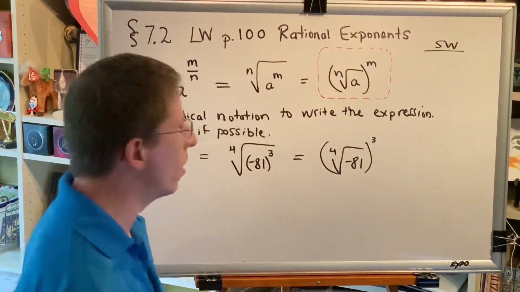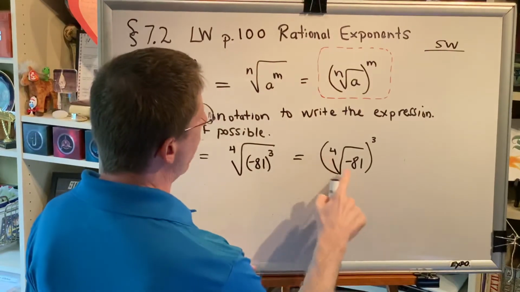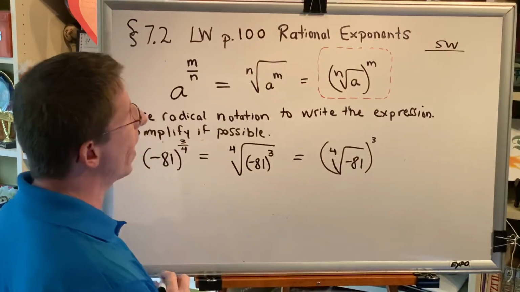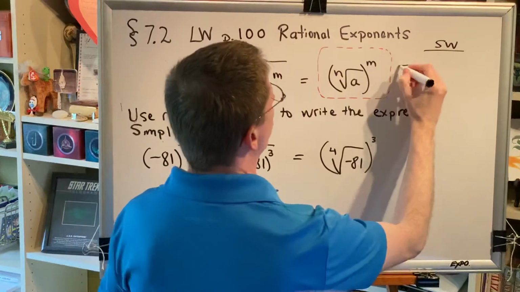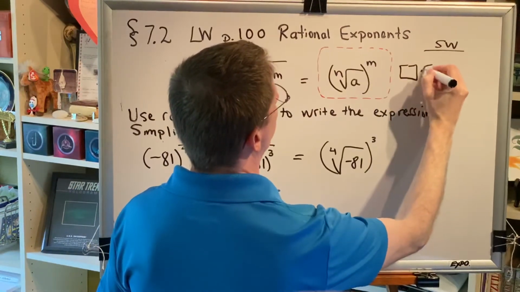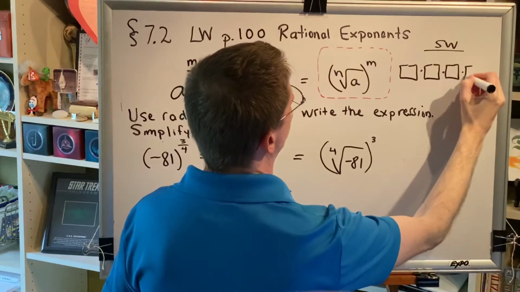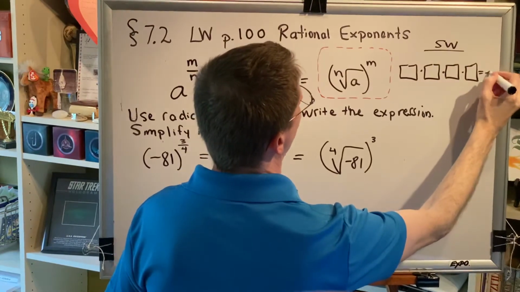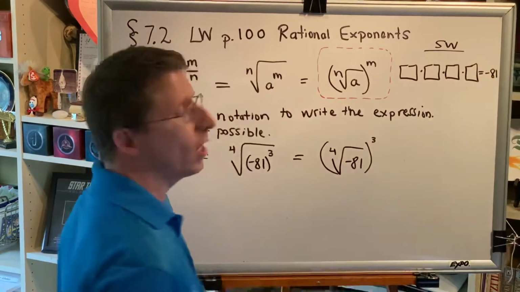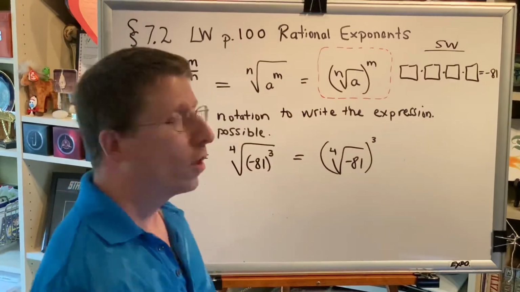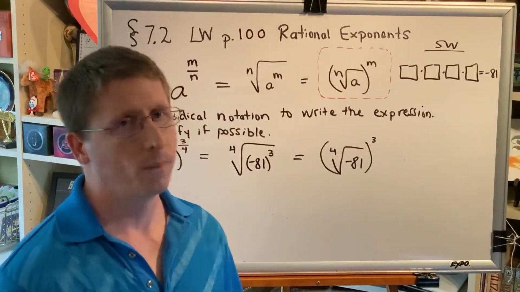So let's start here. The first thing we need to figure out is, what's the 4th root of -81? In other words, what real number times itself 4 times gives the result -81? There is no such real number.